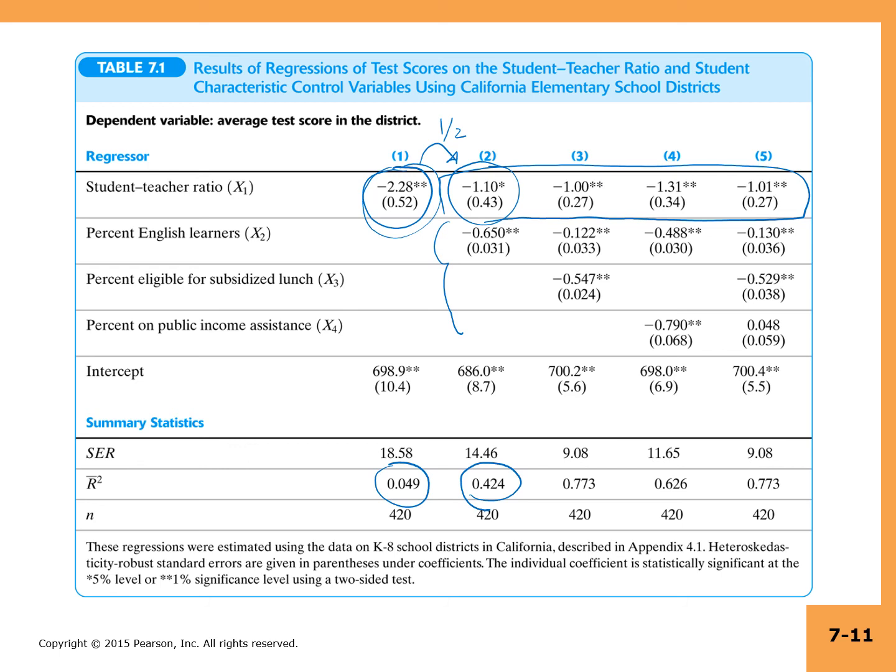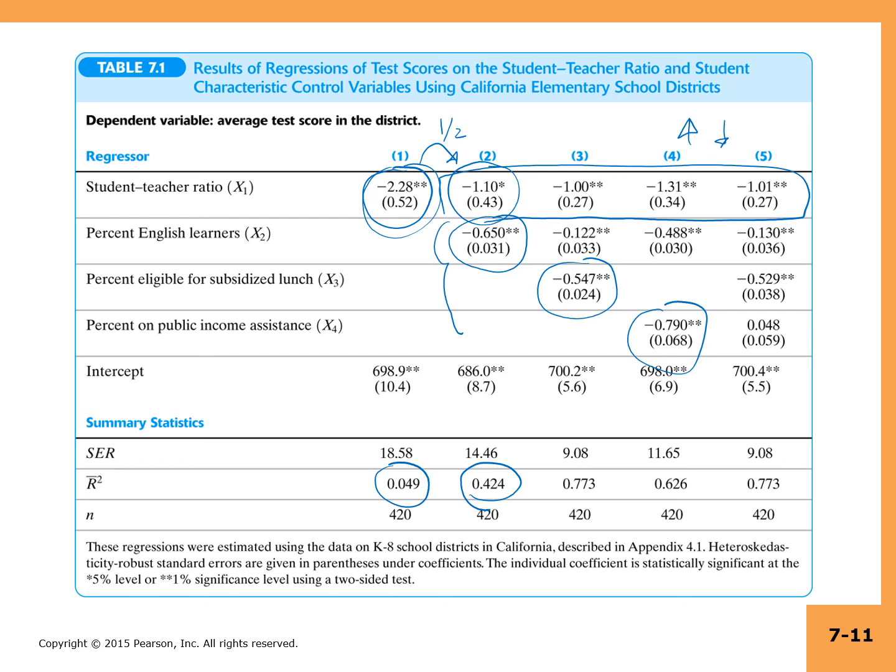This -1 means that when the student-teacher ratio decreases by 1, then the test score would increase by approximately 1. Also, you notice that the signs for the control variables are all negative, which is consistent with the scatter plot that we saw in the previous slide.